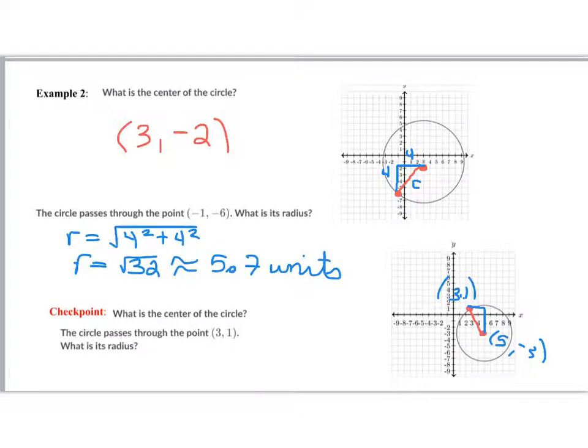Square root of 20. All right, everybody's getting square root of 20. Yes, you are correct. It is square root of 20 because this is 2 and this is 4.